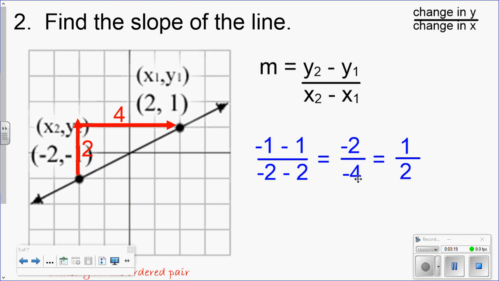That's -2 over -4, which we simplify to 1/2. Here, if we use these on the graph, it would be 2 over 4, which also simplifies to 1/2. Notice that the line is positive, so we're going to make sure that our answer, our slope, is positive.